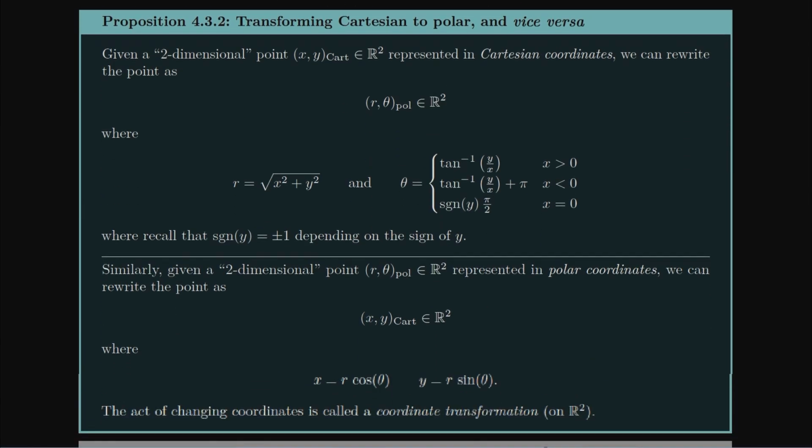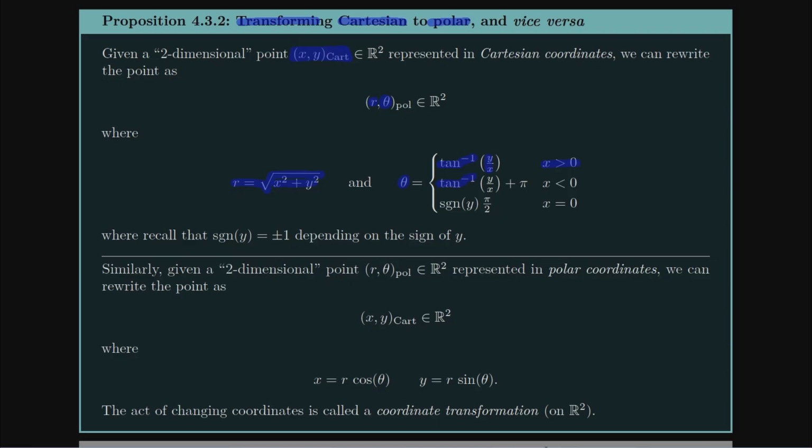And we should recall that we do have these formulas which allow us to transform. Let's recall the xy version was just called Cartesian, so the one we're used to is called Cartesian coordinates, to polar and vice versa. And the formulas we used were, suppose we start with a Cartesian point, we can end up in a polar point, r and theta, by defining r as the square root of x squared plus y squared, and theta ended up being the inverse tangent of y over x, as long as we're in the fourth or first quadrant.